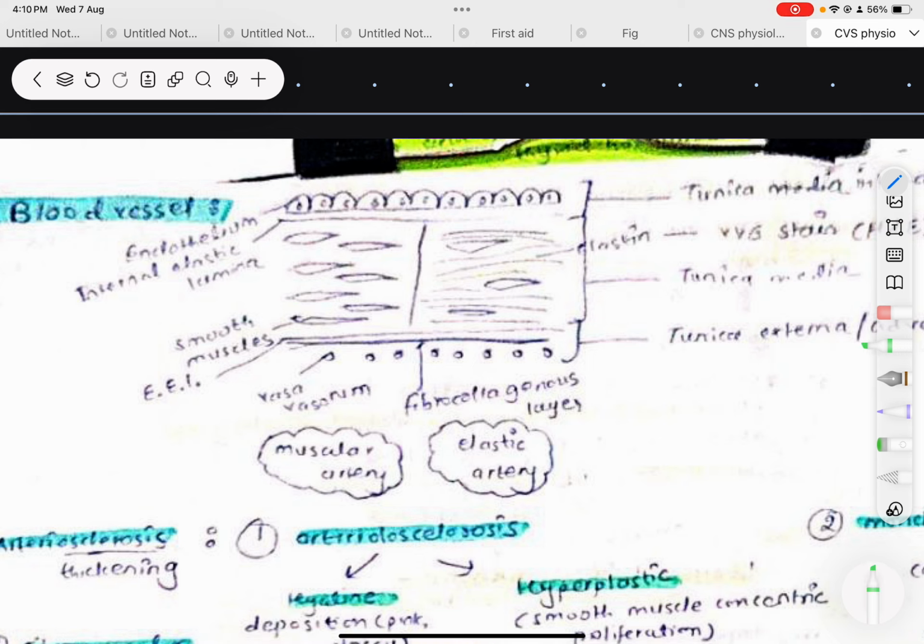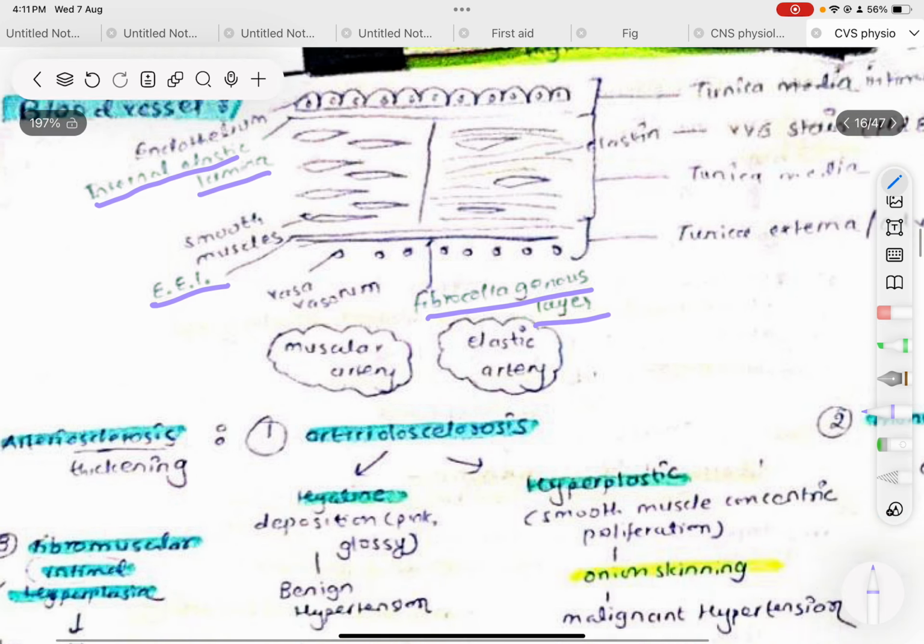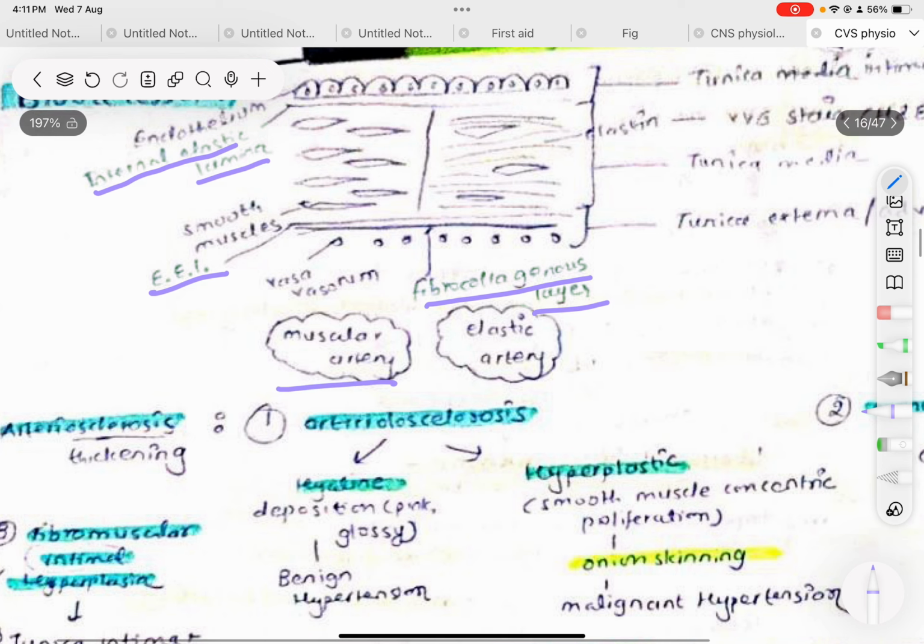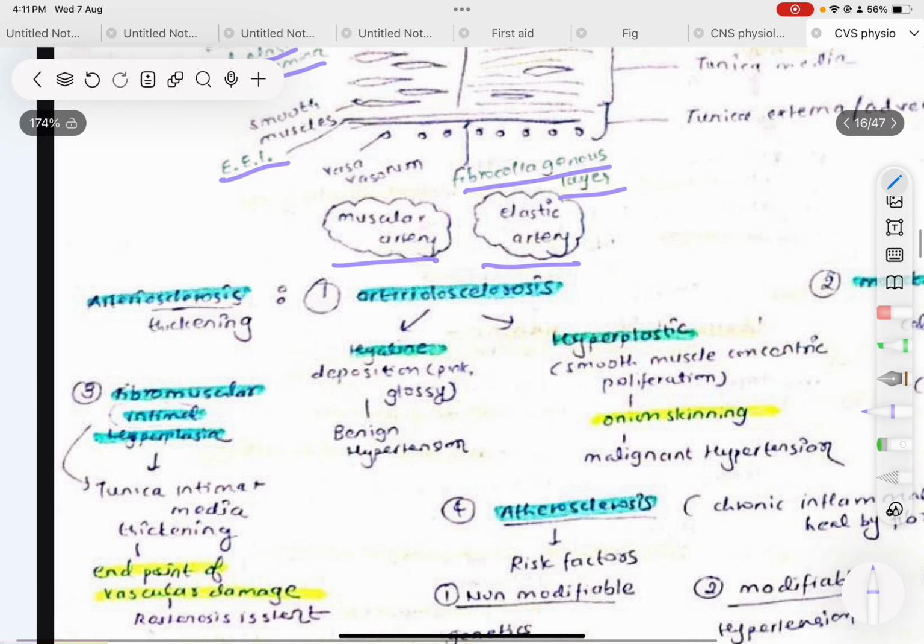These three structures we have to remember the most: internal elastic lamina, external elastic lamina, and this fibrocollagenous layer. This is muscular artery, this is elastic artery, as we have discussed.